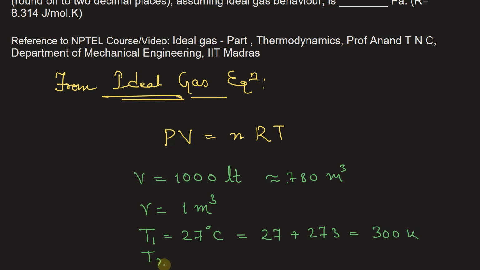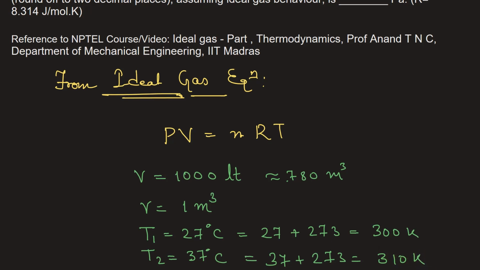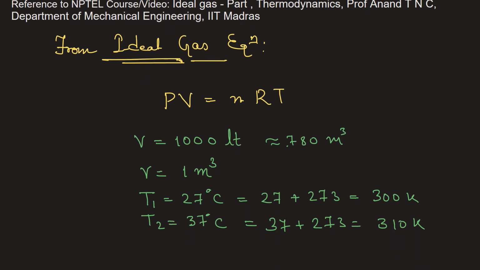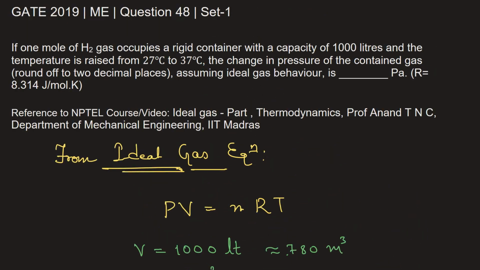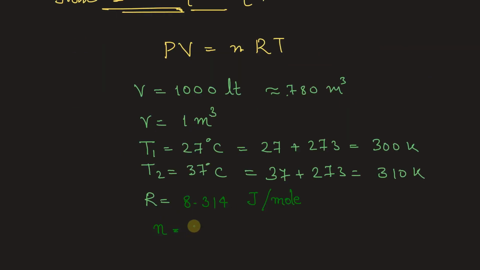And the final temperature, T2, is 37 degrees Celsius, so that is 37 plus 273, which gives 310 Kelvin. The universal gas constant is also given, R is equal to 8.314 joule per mole Kelvin. Another value given is the number of moles, 1 mole of H2 gas. That means n is equal to 1 mole.